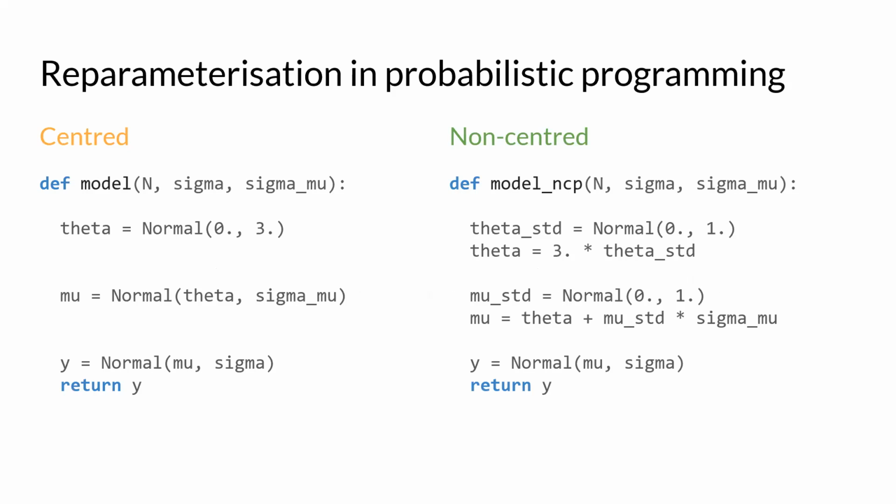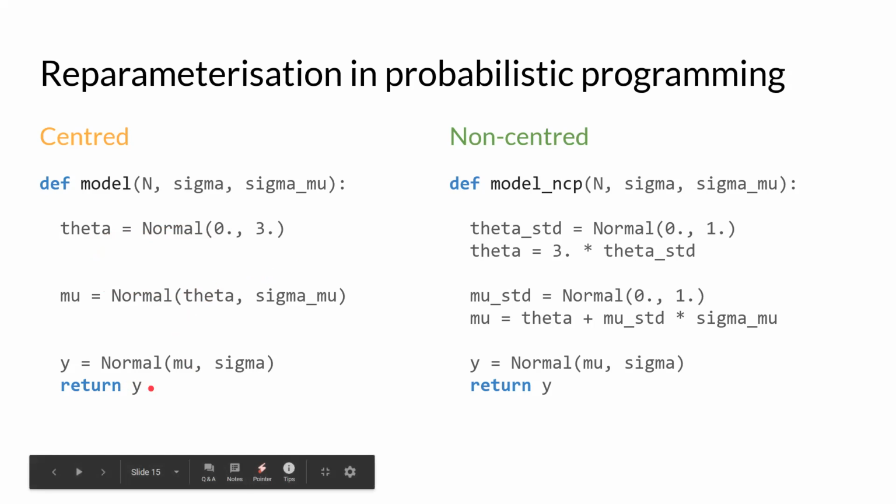On this slide, we have some Edward 2 code. Programs in Edward are, as we saw in the beginning, generative models. So it's a function in Python where we define some random variables and we return the data.